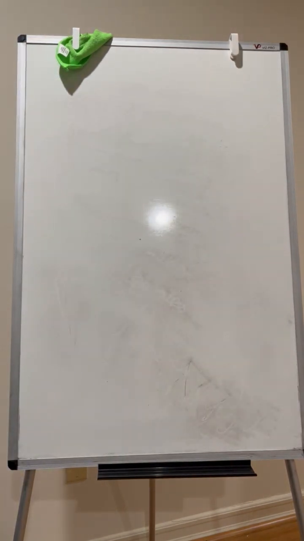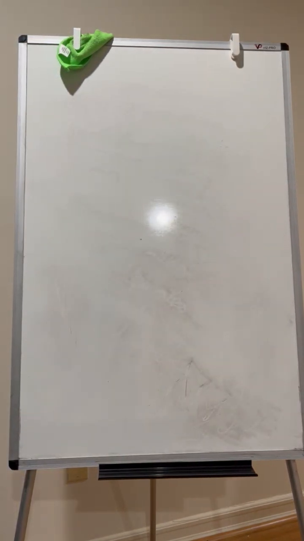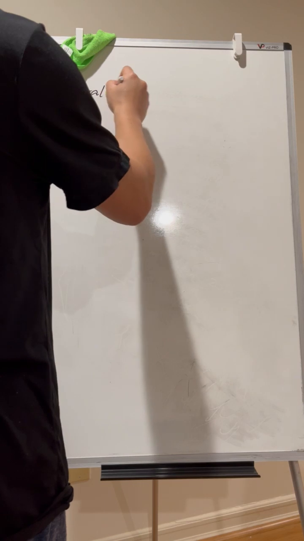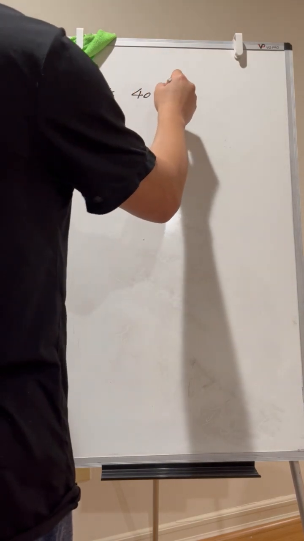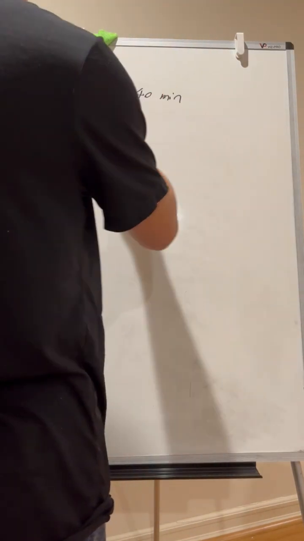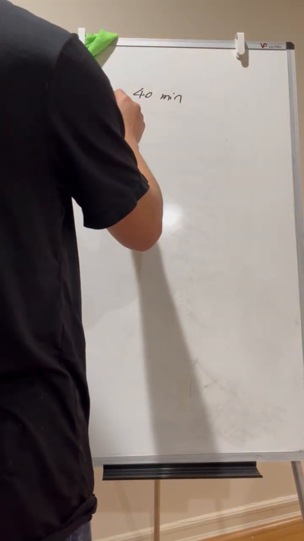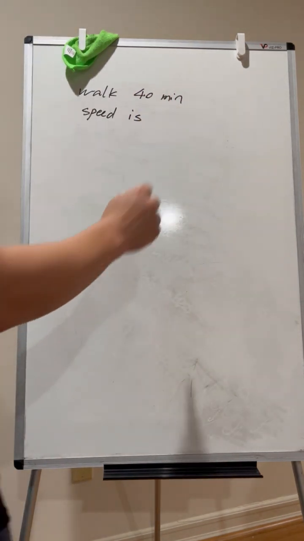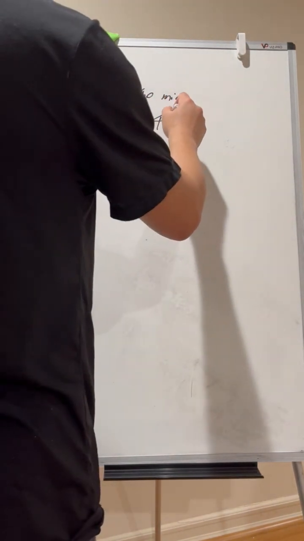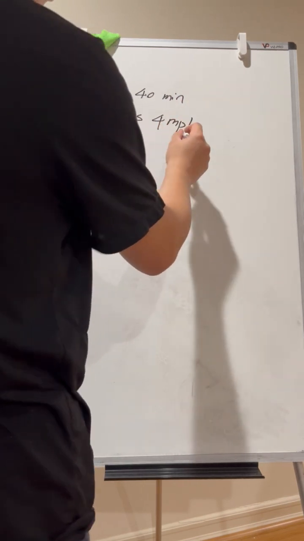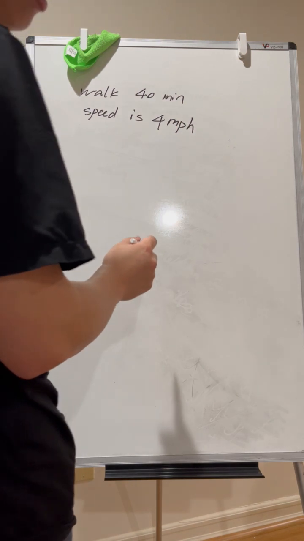Okay. If you walk for 40 minutes at a rate of 4 miles per hour, so you walk 40 minutes and the speed is 4 miles per hour. MPH stands for miles per hour.